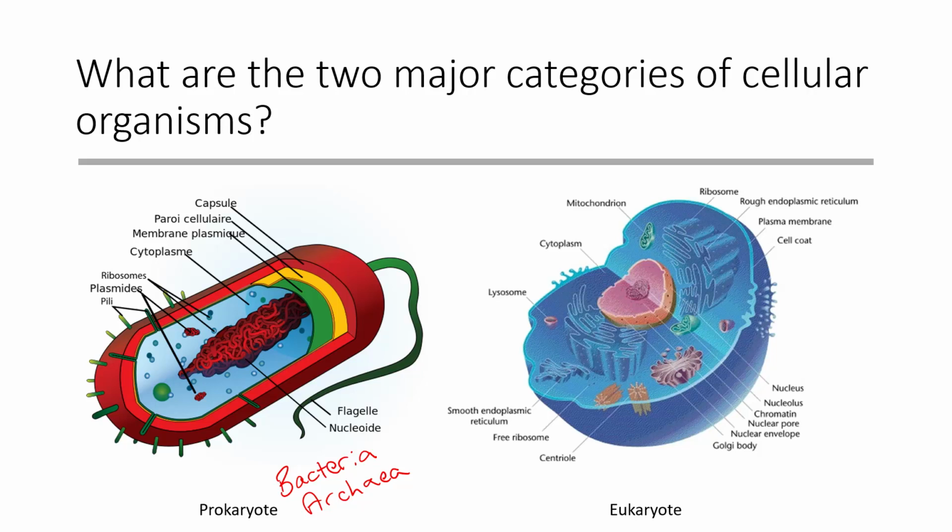And then they have an outer boundary. And there's several other components that we don't need to go into in this level of class, but there are different types of components to the cell. But the main thing about bacteria is that they do not have a nucleus, and they don't have membrane-bound organelles. So no nucleus and no membrane-bound organelles.